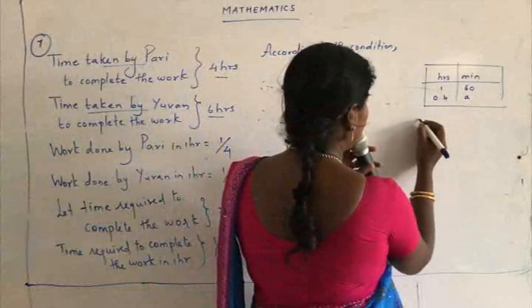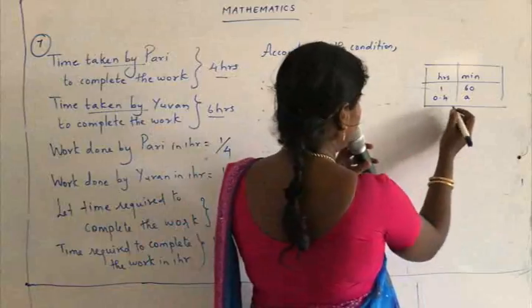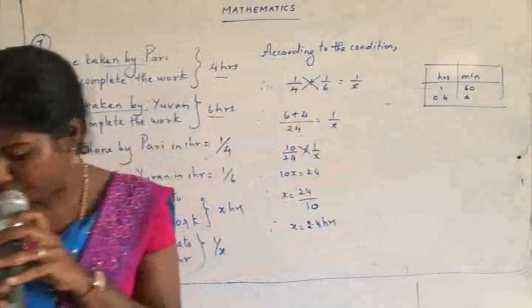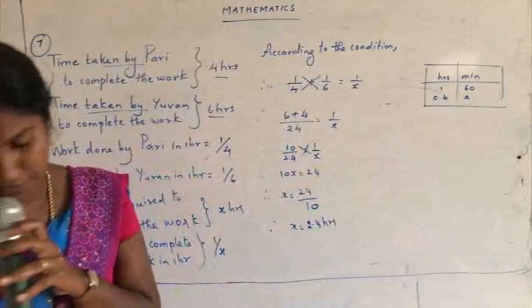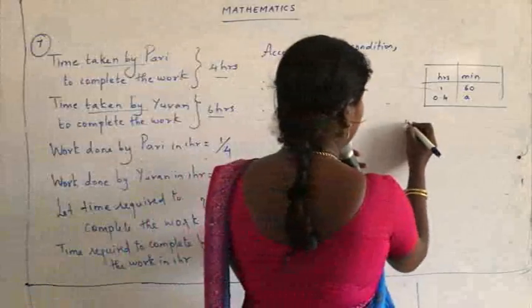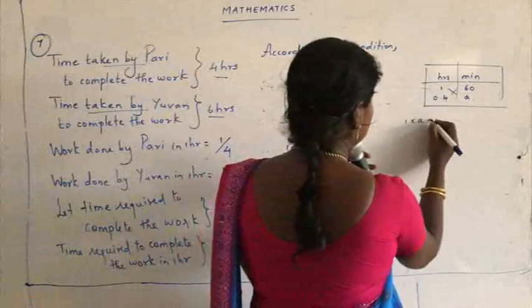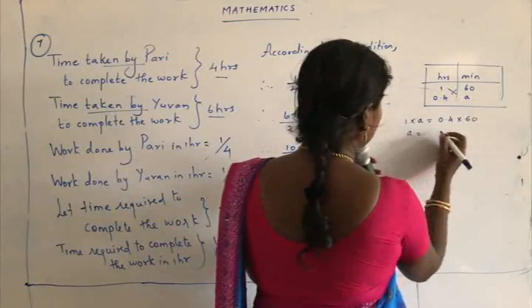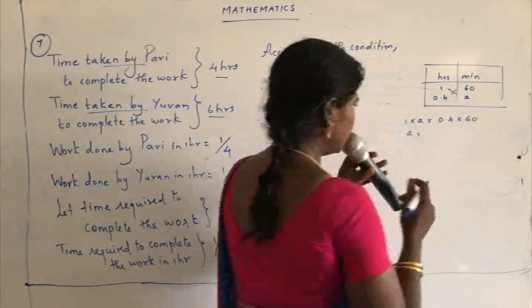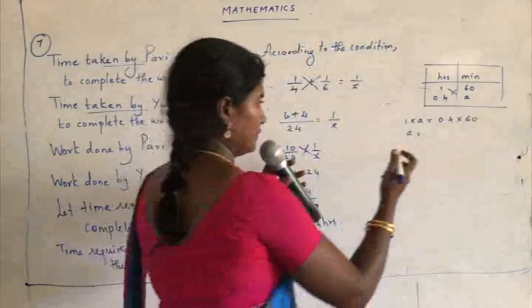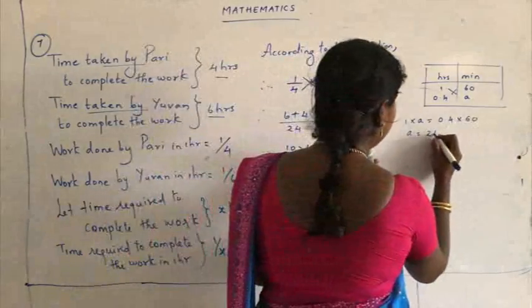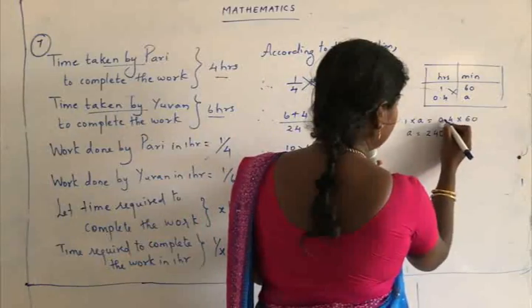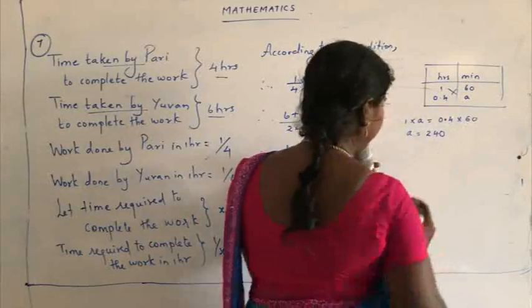So 1 into a is equal to 0.4 into 60. So a is equal to, just multiply and get the answer. 6 4s are 24 and you have one more 0 over here, and here's a decimal point, so you'll have a decimal point over here.